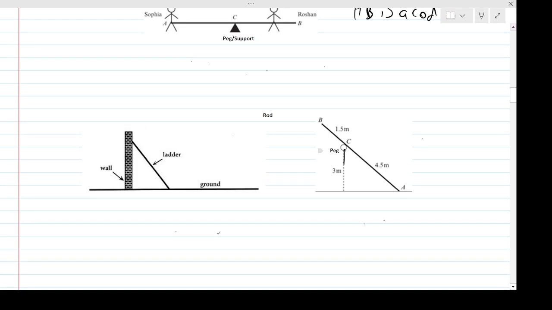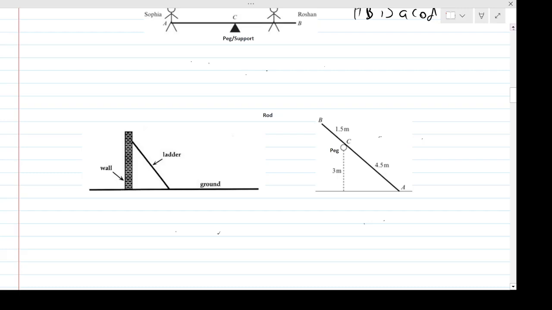But you can imagine this peg is grounded from this other thing here, from the ground 3 meters up. The peg itself, this circle, is holding the ladder at rest. So the peg is keeping the ladder, the rod, technically still, so it doesn't slip or anything like that. And so we will be looking at that.